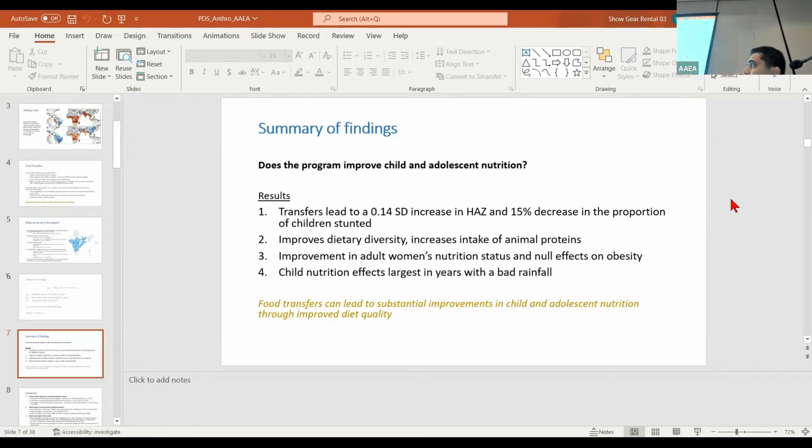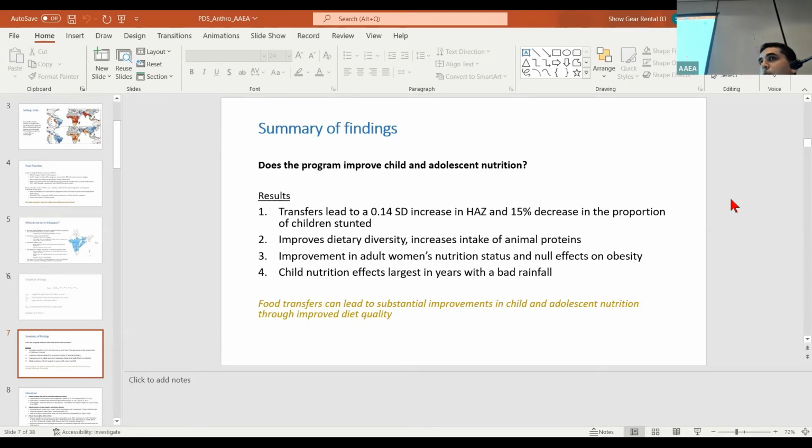Just a quick summary: we find that the transfers do increase height-for-age z-score, and reduce stunting. And the novel part about this paper is that we are showing the mechanisms through which the food transfers affect child and adolescent nutrition. We show that it improves dietary diversity, particularly with an increase in animal protein intake.